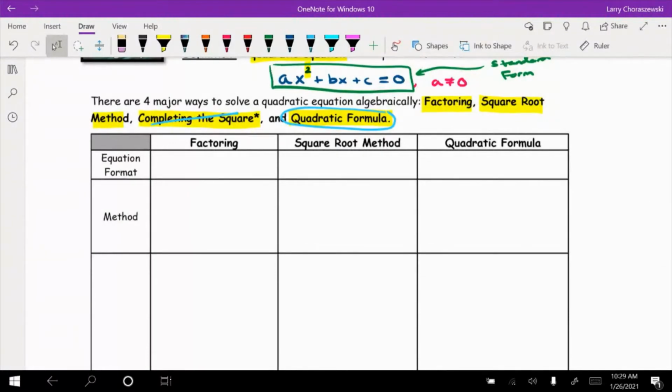So if you're going to apply a factoring method, which it's in the name, all right, there will be some factoring at some point. You want the quadratic equation to be in standard form. So it needs to be written as ax squared plus bx plus c equals 0. And the method, like I said, it's all in the name.